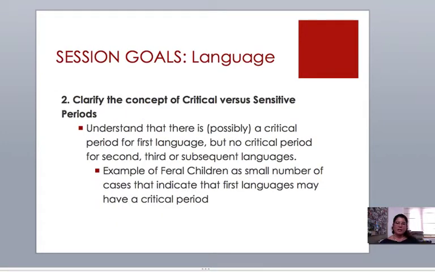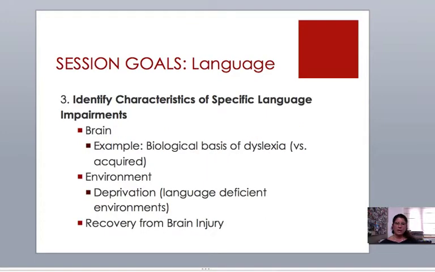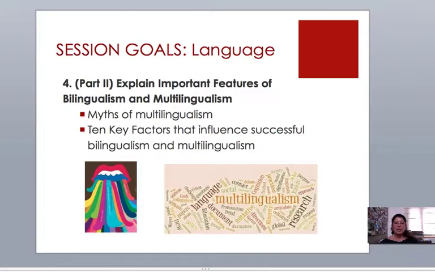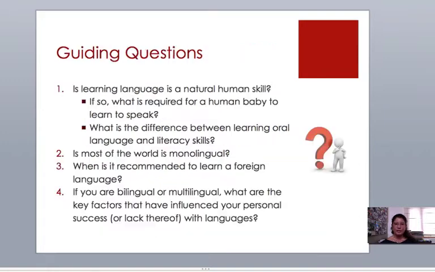Then we're going to look at clarifying the concepts of critical versus sensitive periods in language development, and then on to identifying characteristics of specific language impairments, what problems can occur. And then from there, part 4, which would be the second video, will be to explain the important features of bilingualism and multilingualism by taking apart the myths of multilingualism and considering key factors that do influence successful language learning.